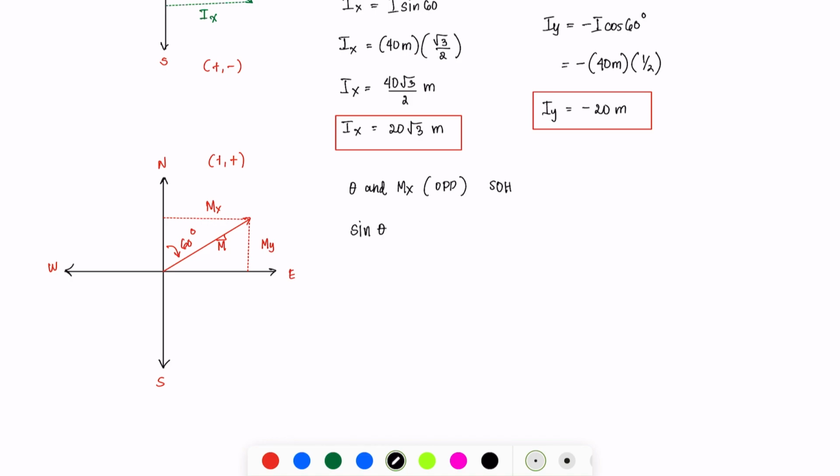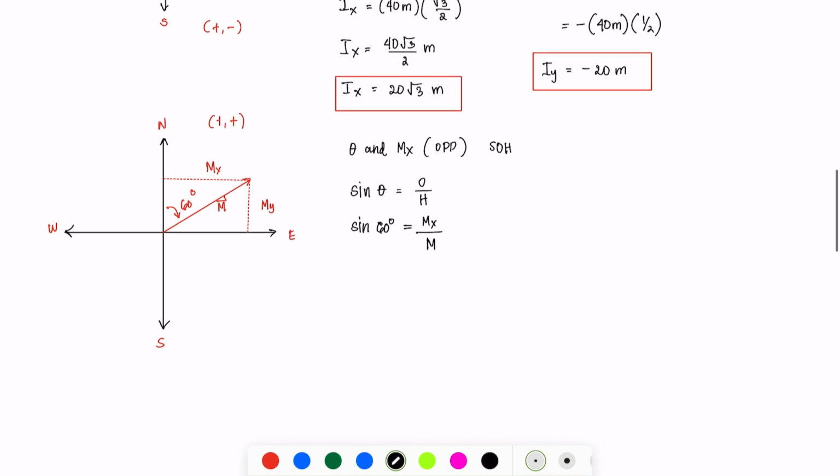Sine of theta is simply the opposite over hypotenuse. Substitute the angle on the legs, so sine of 60 degrees. The opposite of 60 degrees is m sub x, so that's going to be positive m sub x all over the vector m itself. So m sub x will simply be m sine of 60 degrees. Now it's only a matter of substitution.